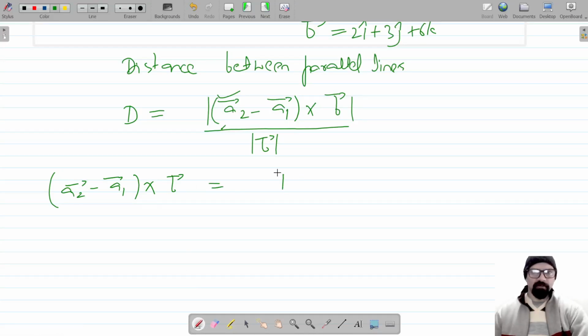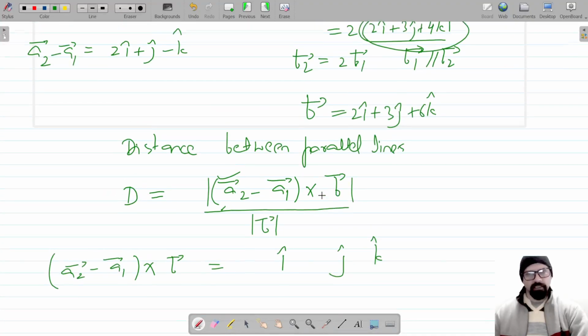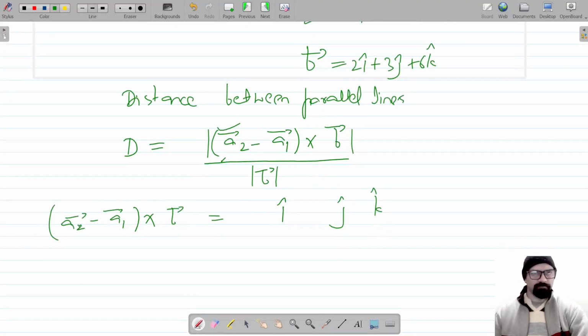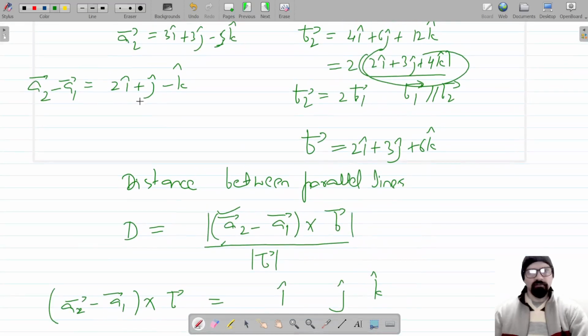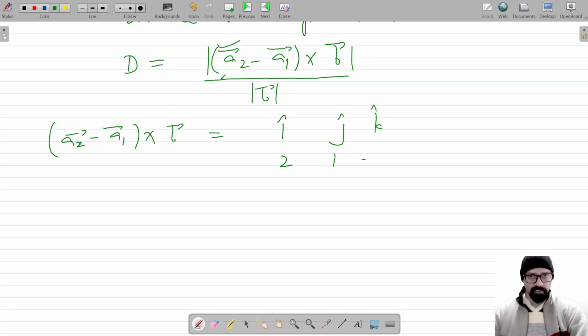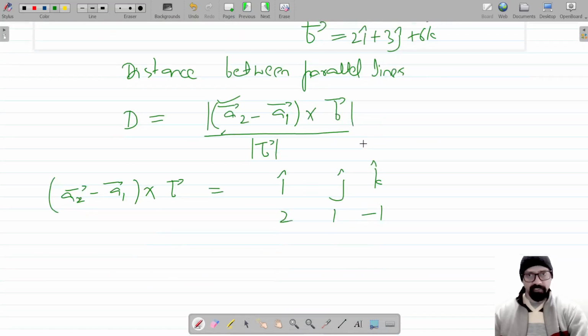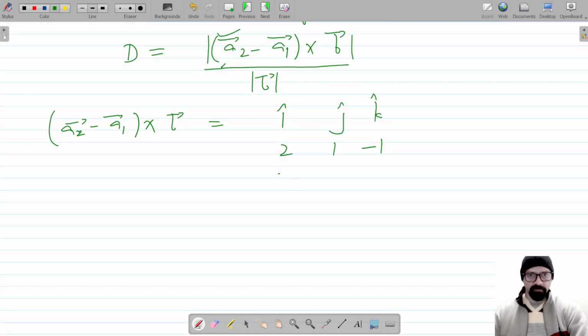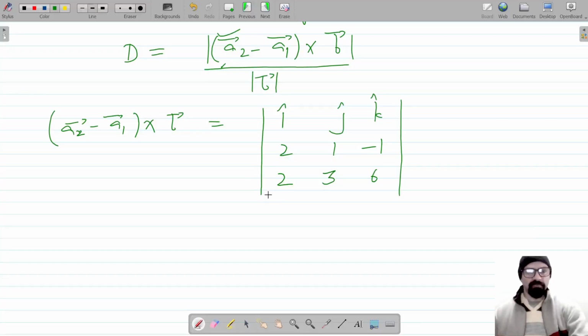Now find the cross. It's i, j, and k, and A2 minus A1 is, let's write down the scalar components, 2, 1, and negative 1. In B it's 2, 3, and 6. Okay. So let's find out the cross of this.